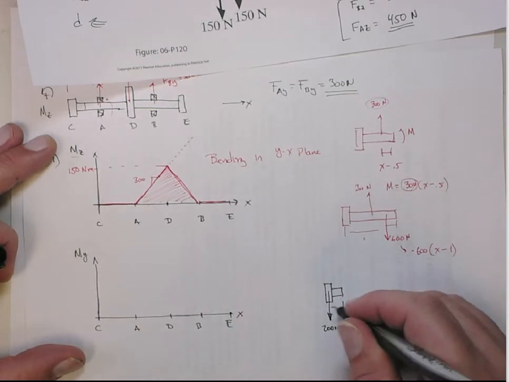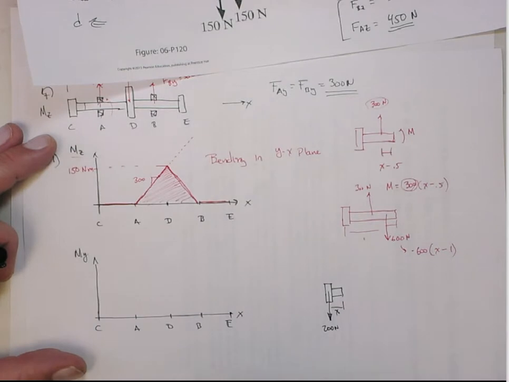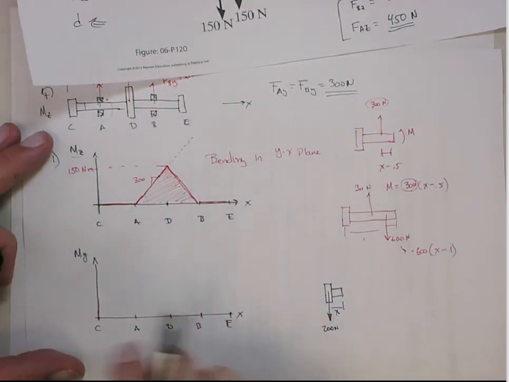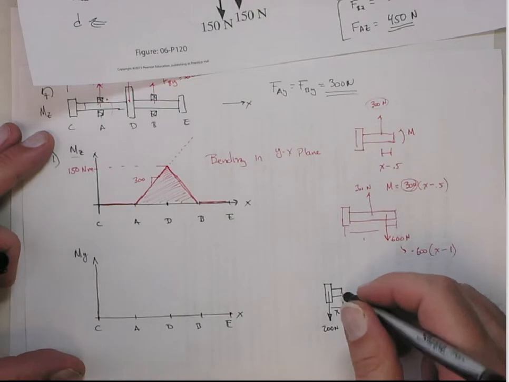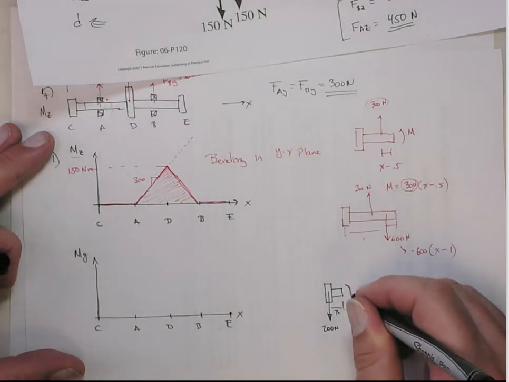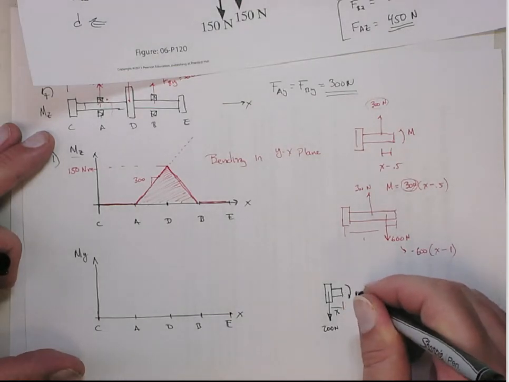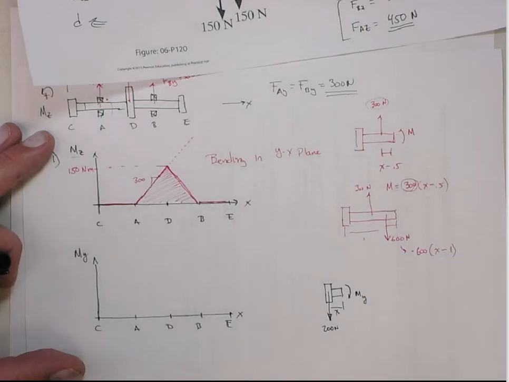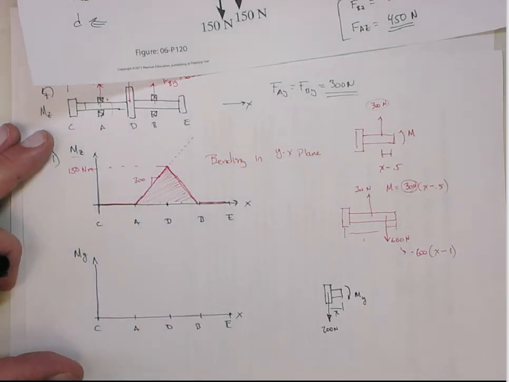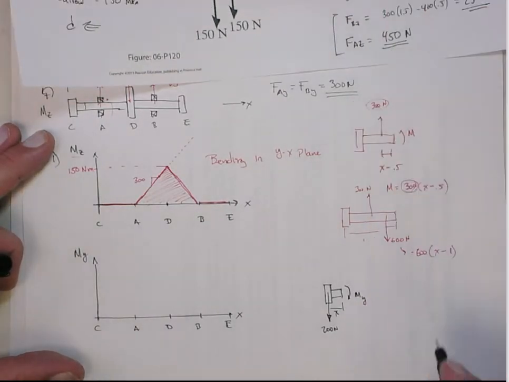This distance here is going to be x. In this diagram, the positive moment actually is clockwise. So on this face, a positive moment will be this way. That's the M_y moment, positive for the same reasons we talked about before.